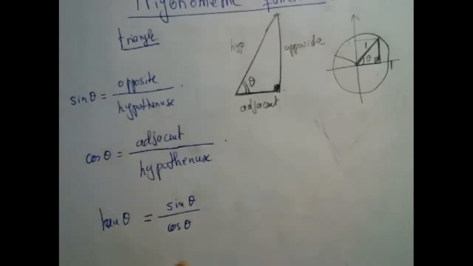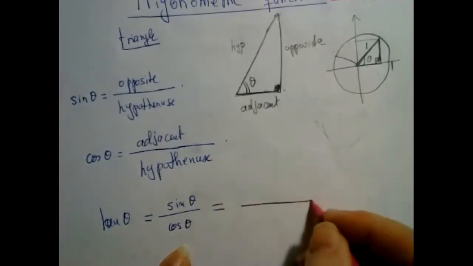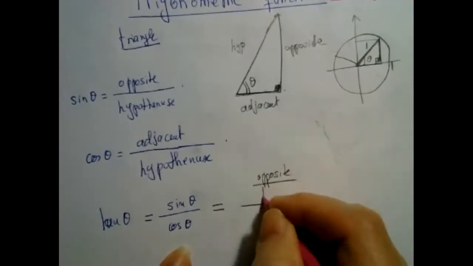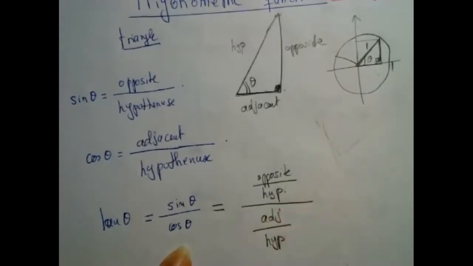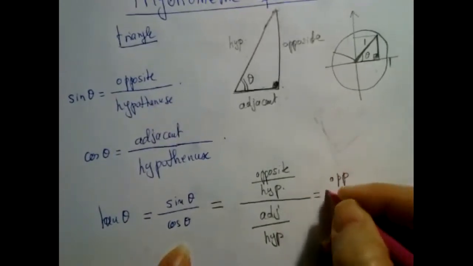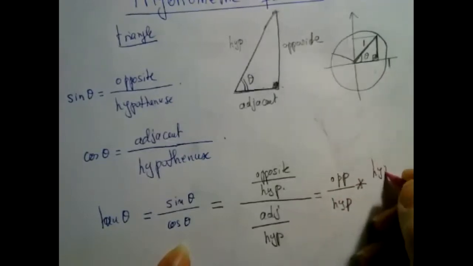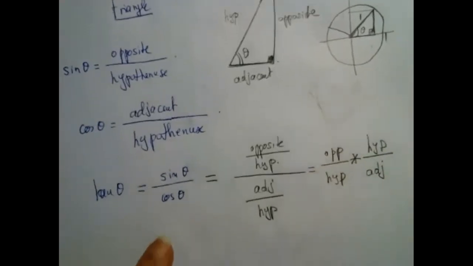Now, if I am in the right triangle, let's see what the sine is. The sine is the opposite over the hypotenuse, divided by adjacent over the hypotenuse. So now if I use the properties of fractions, that's opposite over hypotenuse times hypotenuse over adjacent. I know it's a little bit of math, but I'm trying to convince you that we're doing the same.